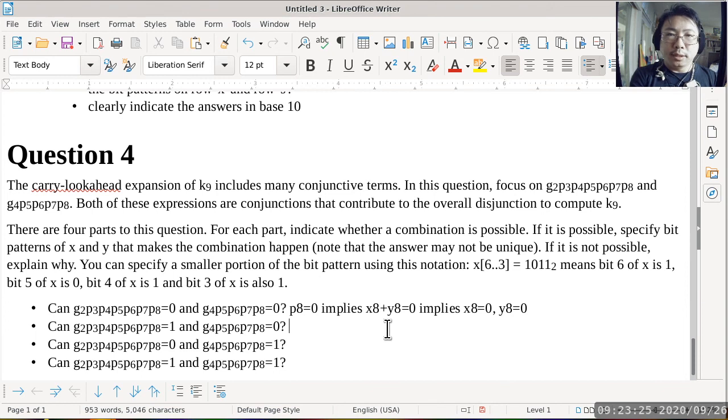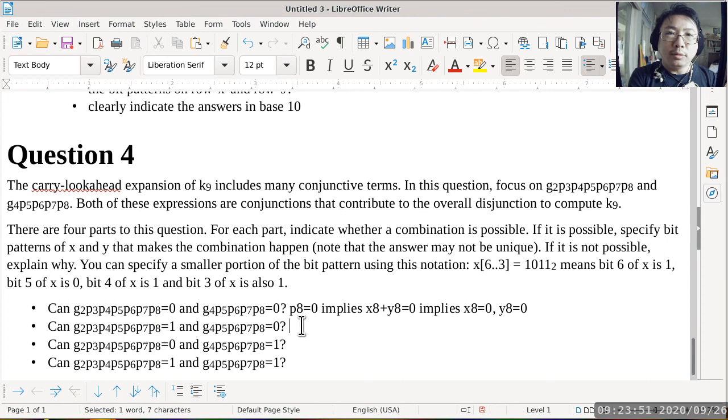Okay, in the second case, we want one of them to be a 1 and the other one to be a 0. But in order for this conjunction to be a 1, we need every single one of these to be a 1. And of all of these terms, we know that P5, P6, P7, P8 are being shared with the other term.